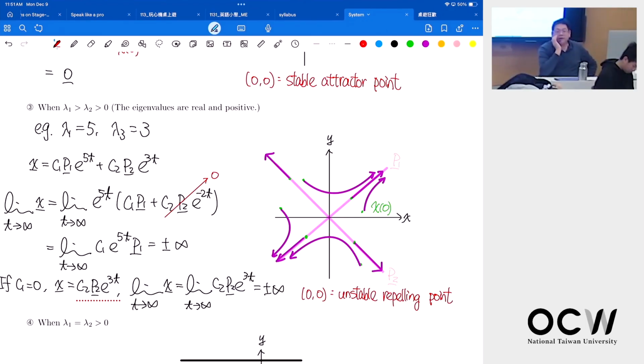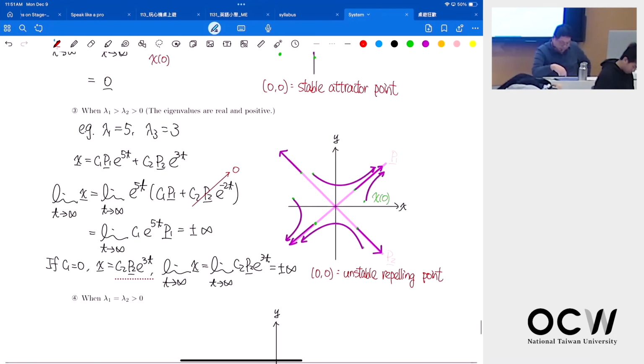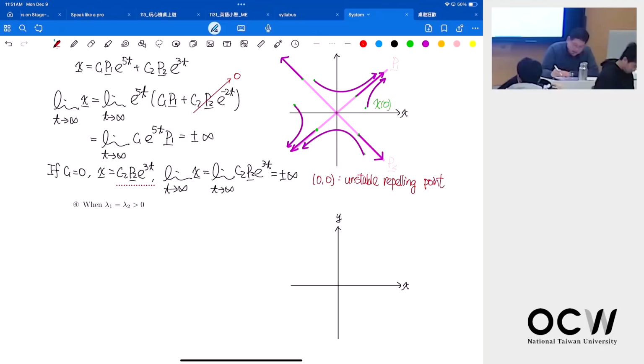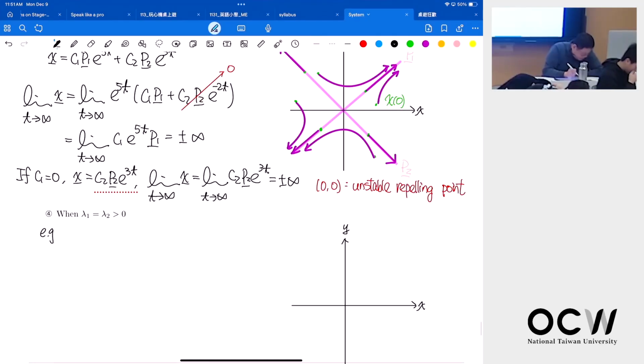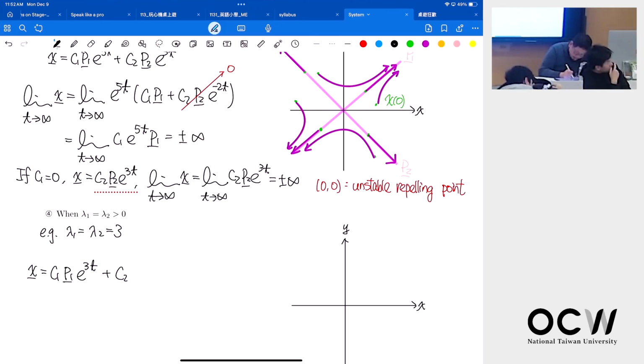When two eigenvalues are repeated, they are the same, but they are all greater than 0. Let's take 3 as an example. Lambda 1 equals lambda 2 equals 3. Then my answer x is C1 P1 e to the 3t plus C2 P2 e to the 3t.